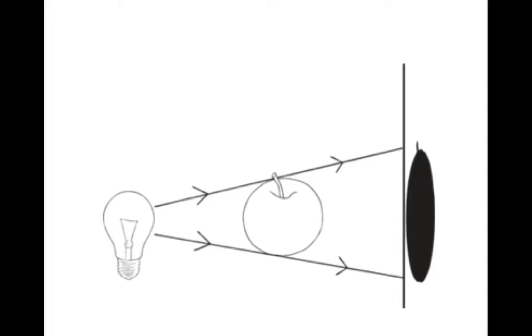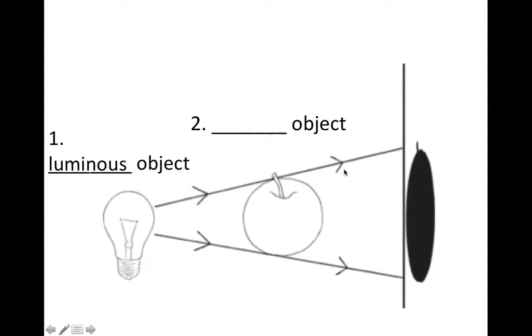When we look at this diagram, we see number 1 is, from our last lesson, a luminous object. Luminous object. The light shines this way onto transparent or opaque?